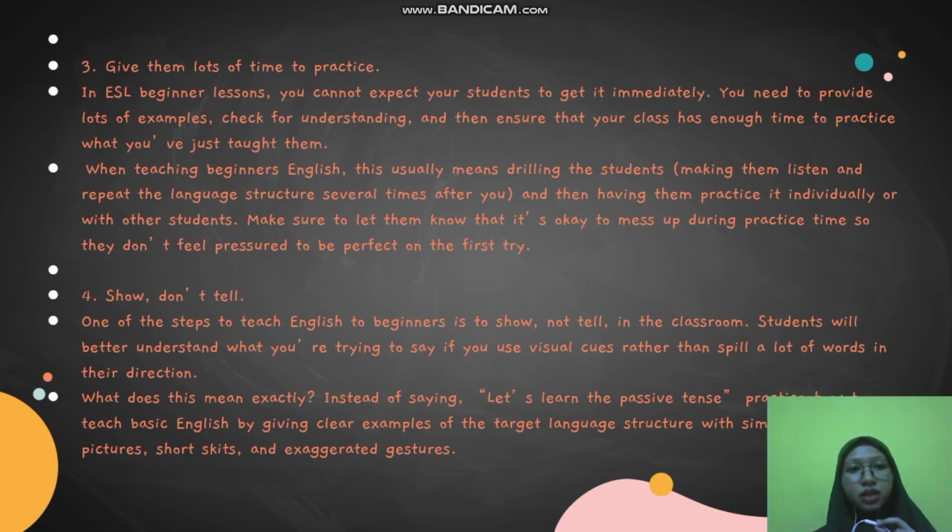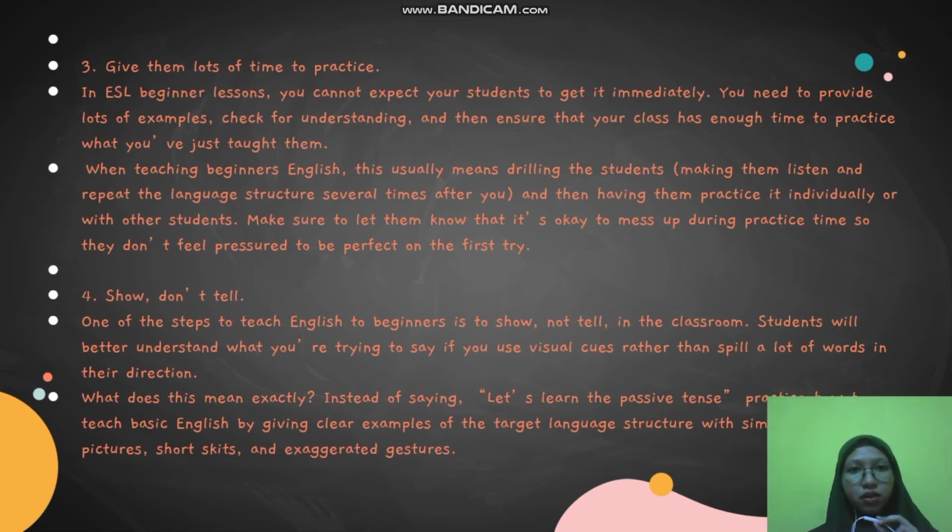When teaching beginners English, this usually means drilling the students, making them listen and repeat the language structure several times after you, and then having them practice it individually or with other students. Make sure to let them know that it's okay to mess up during practice time so they don't feel pressured to be perfect on the first try.